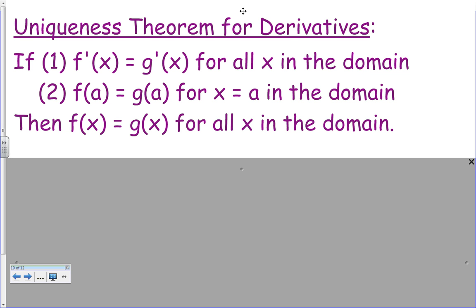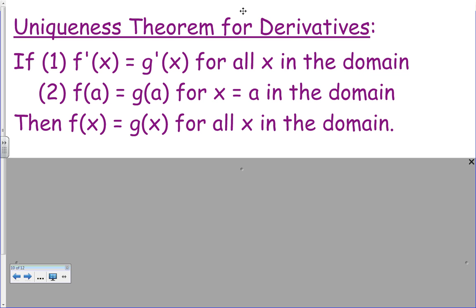If you have two functions that have the same derivative, that means they have the same slope everywhere. That means they are increasing and decreasing in the same spots, and at the same rate at every single point. So the two functions would have the exact same shape.